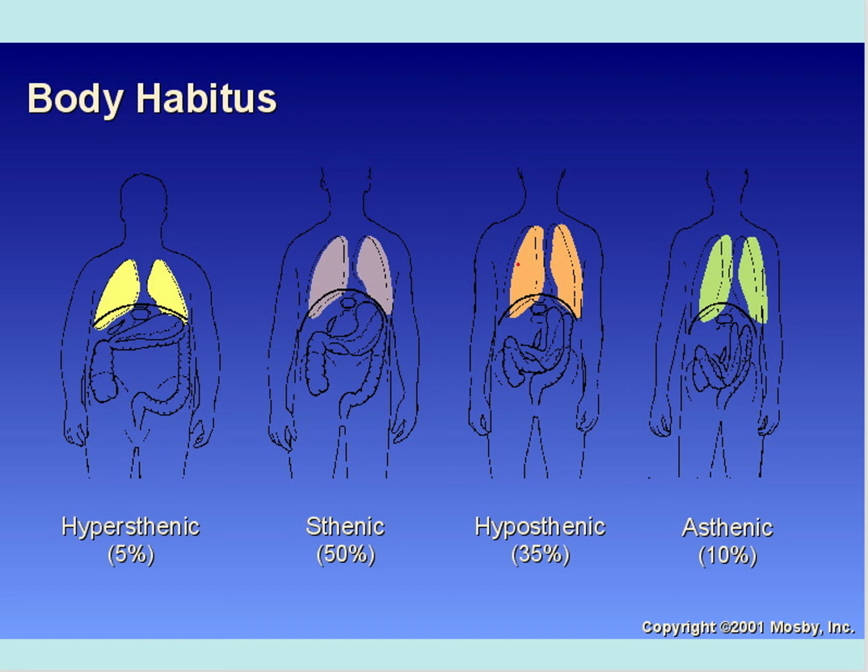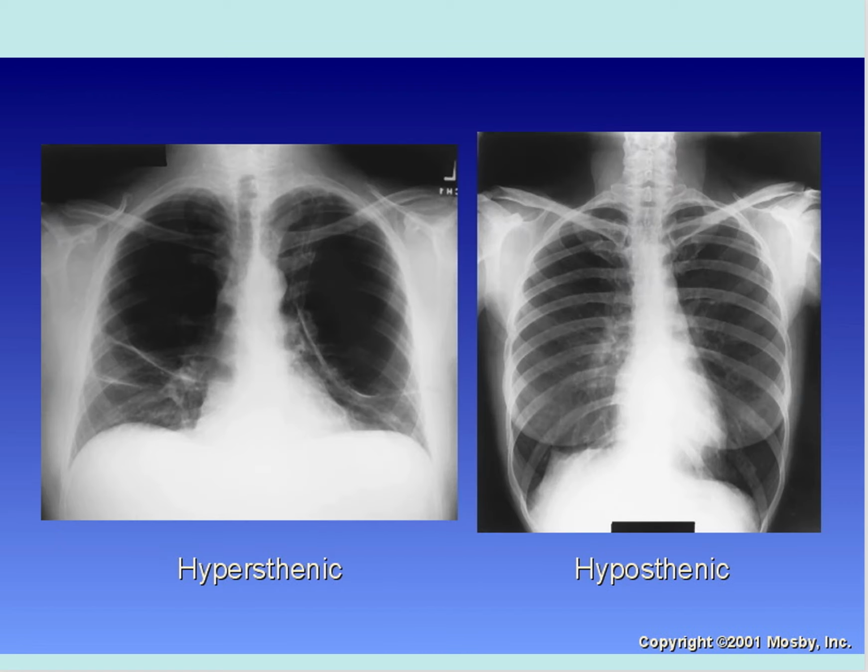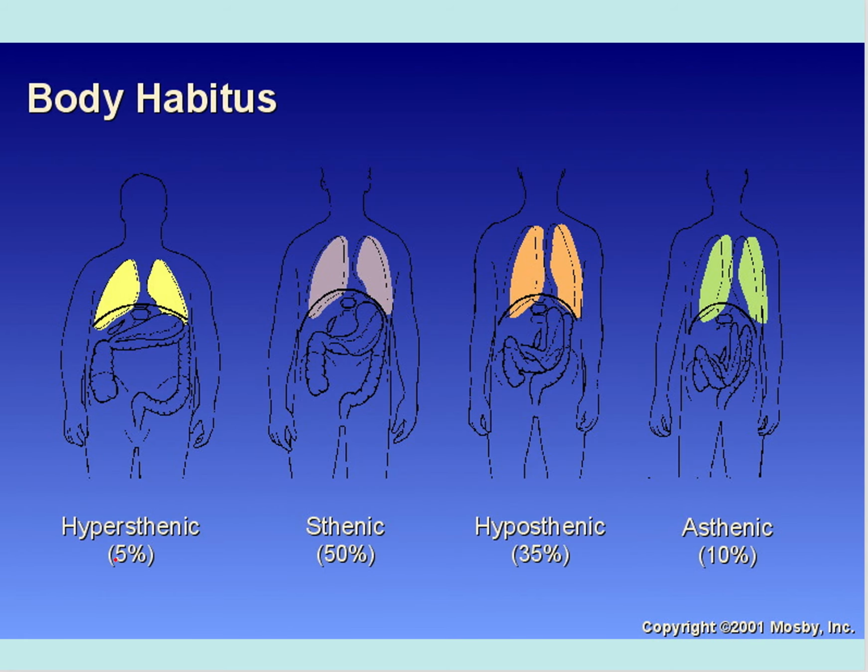Once again, just other images of hypersthenic, sthenic, hyposthenic, and asthenic, highlighting the lungs. You can also look at the transverse colon as well as what we did on the other one, just a reinforcement of what the lungs look like in this one. So on images, we can tell that this is a hypersthenic patient, right? You go back over here, hypersthenic, about 5%.